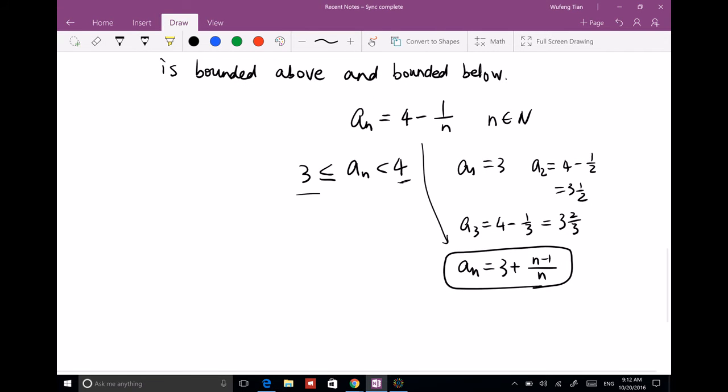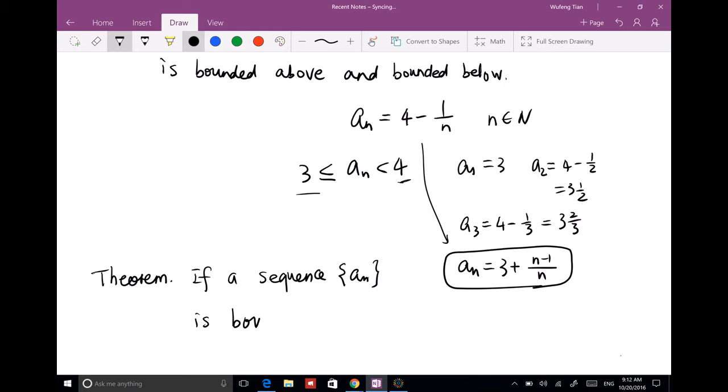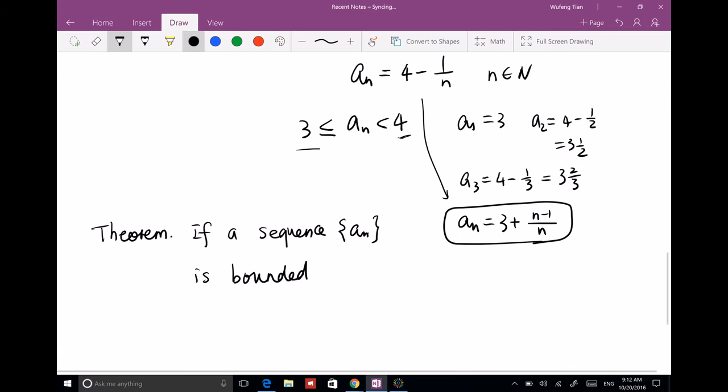Next we're going to look at a theorem. If a sequence an is bounded, meaning it has a lower bound and an upper bound, and also monotonic, either non-decreasing or non-increasing, then it converges.